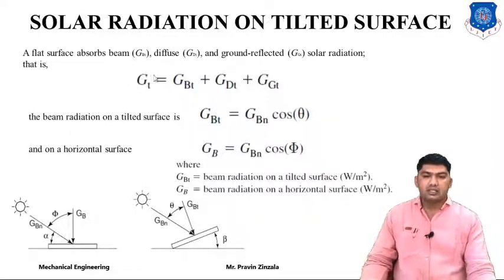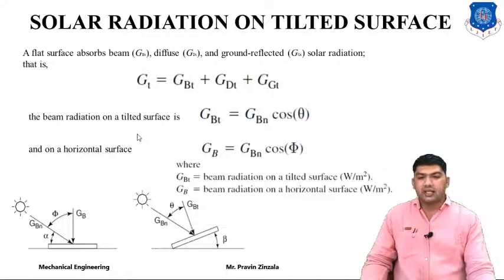Now we will consider the radiation received on any surface. So GT, the total radiation received on the surface, is equal to beam radiation plus GDT, meaning diffuse radiation, plus GGT, meaning ground reflected radiation. This is the total radiation: beam radiation plus diffuse radiation plus ground reflected radiation.